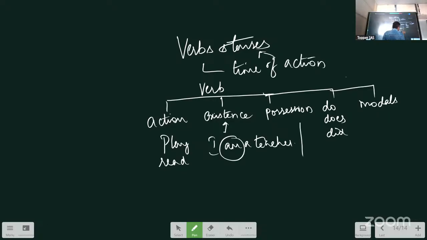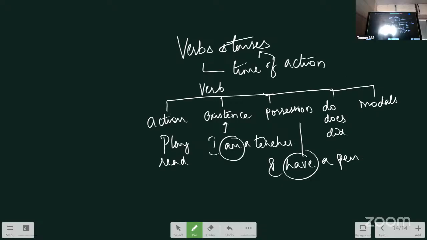Possession. For example, if I say, I have a pen. Here, there is no action, but it indicates possession. ನನ್ನ ಹತ್ರ ಪೆನ್ ಇದೆ. He has a pen. ಇವನ ಹತ್ರ ಪೆನ್ ಇದೆ. She has a pen. ಇವಳ ಹತ್ರ ಪೆನ್ ಇದೆ. So have and has are also verbs.